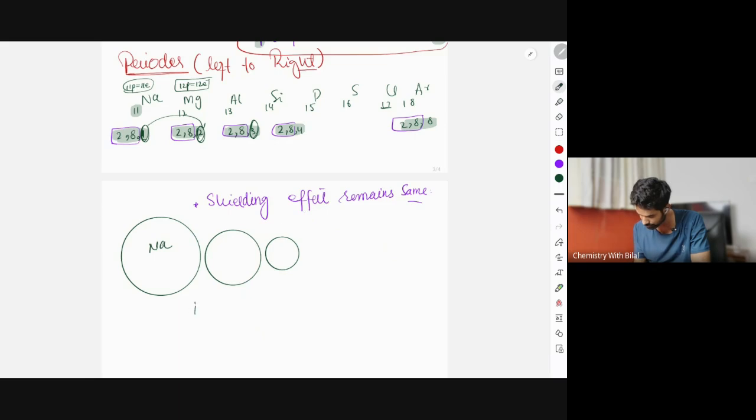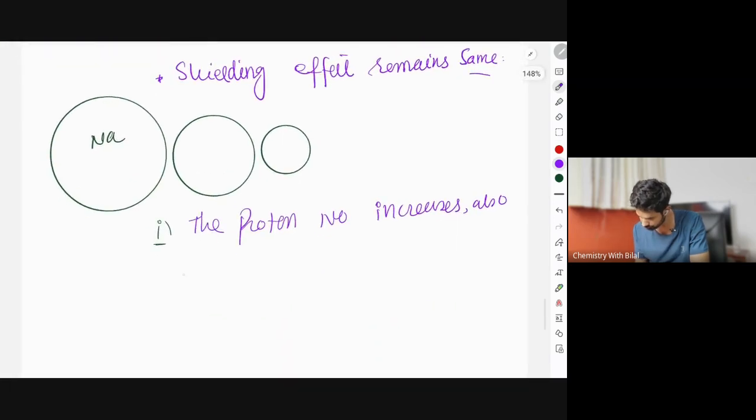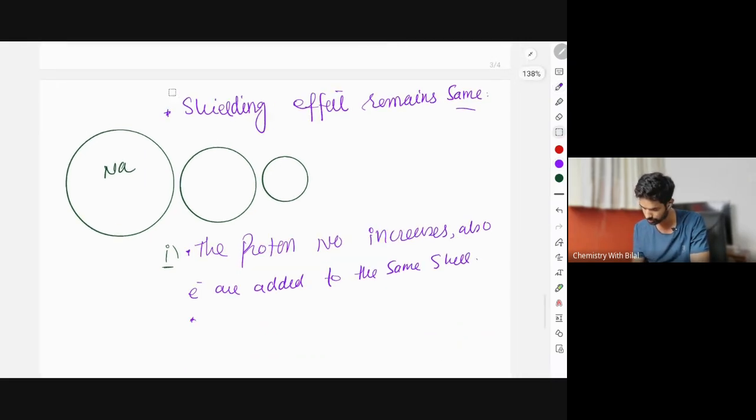We will start with the reasons from here. The proton increases in the nucleus, the proton number increases. Electrons are also added to the same shell, so the shielding effect remains the same.